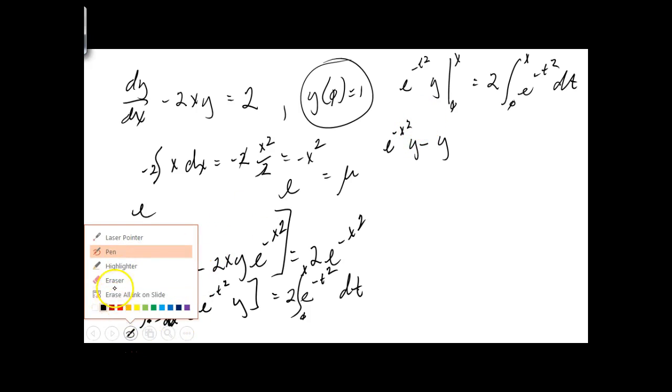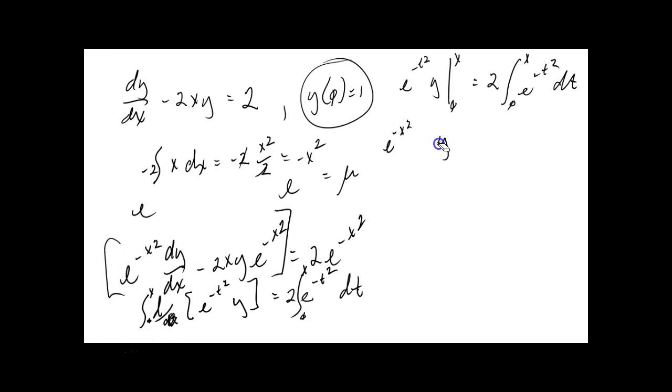Back up just again. I sort of left something out here. I forgot to evaluate my y at x at those values as well. So it's e to the minus x squared y of x minus e to the 0, which is 1, y of 0. Okay?